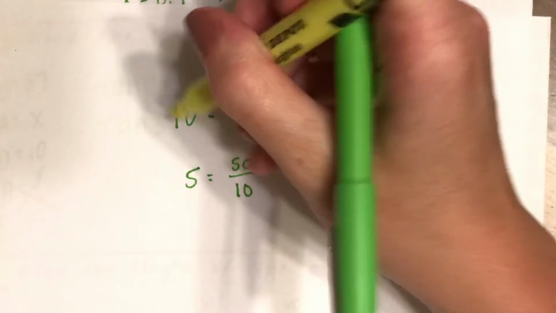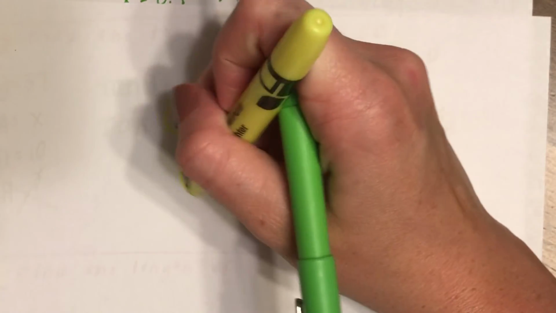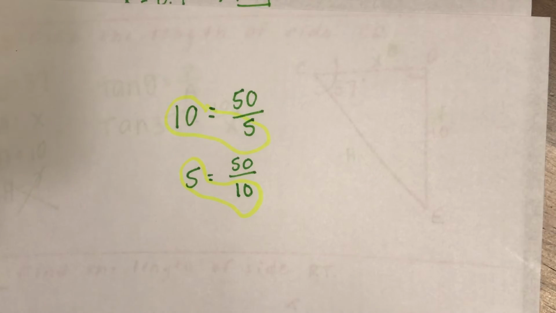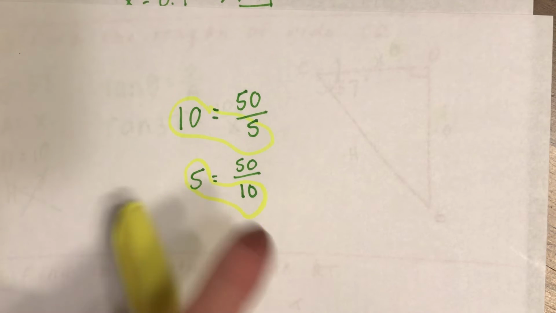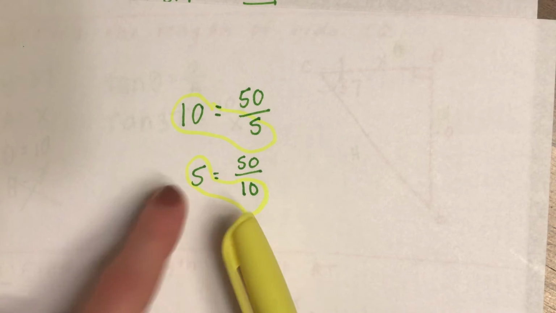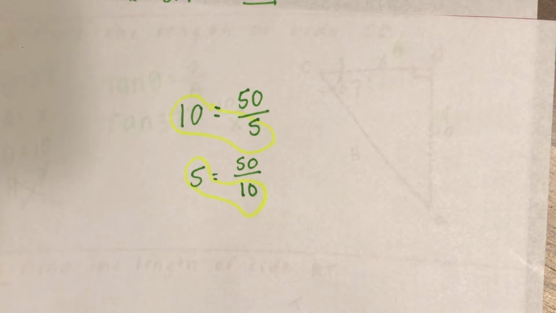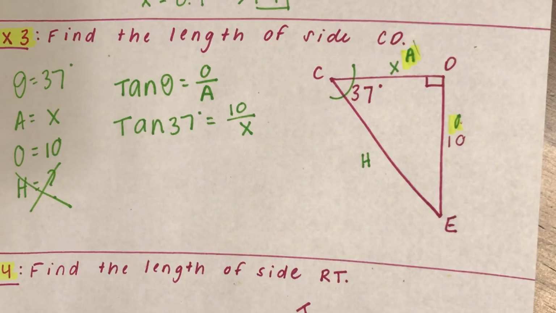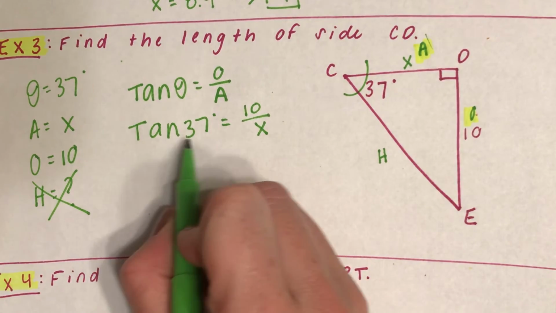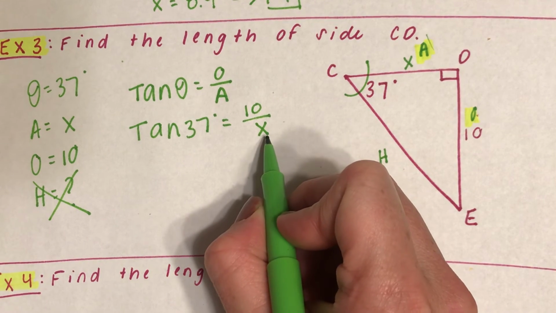Well, on the other hand, I could write 5 is the same thing as 50 divided by 10. So if you look, you can see that those numbers were just flipped. So when I have that division equals a number, I can switch the denominator with the other side of the equation, and the equation is still true. So here, by that same logic, I'm going to take tan of 37 and flip it with x.